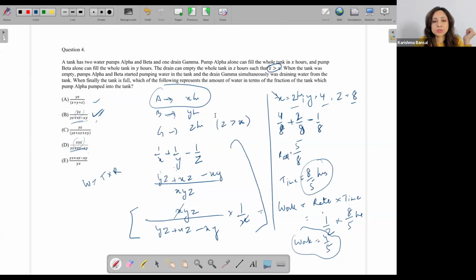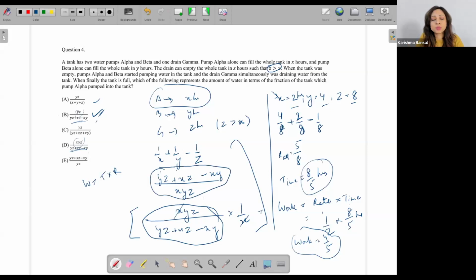Okay, I don't really know what you have written over here. 1 by x into time. Yes. All the rate into time. So 1 by x into time, this is the time for which alpha was working. This entire thing gives me the time. All three of them were working together till the time they filled the tank. So this was the rate at which all three of them were working.